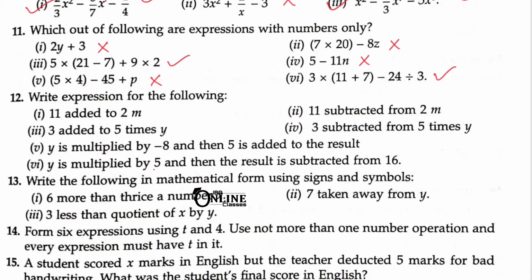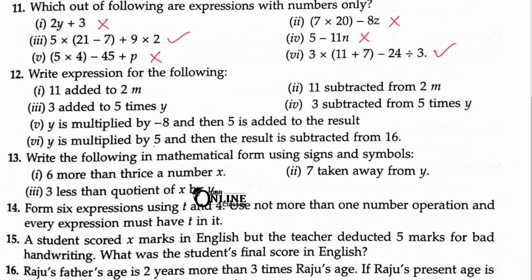Now sum number 12. Write expressions for the following. So as here 11 added to 2m, the expression is 2m plus 11. Next one, 11 subtracted from 2n, so here 2n minus 11. 3 added to 5 times y, so 5 times y means 5y, then added 3, so plus 3. 3 subtracted from 5 times y, so 5y minus 3.